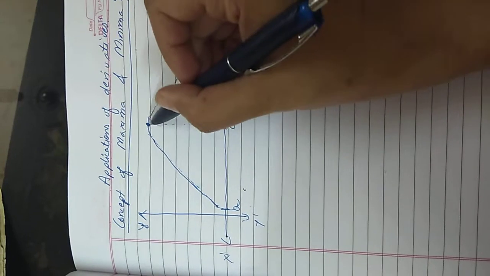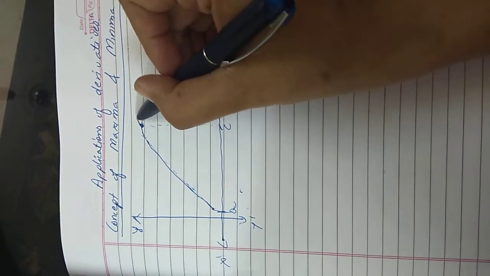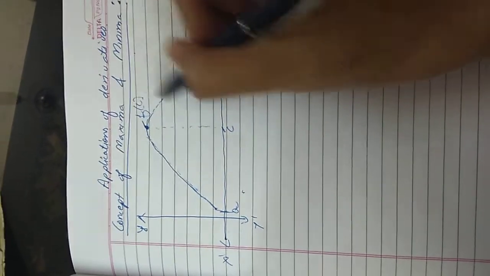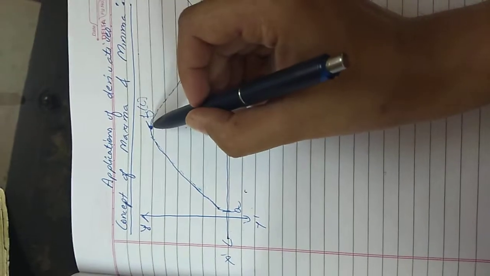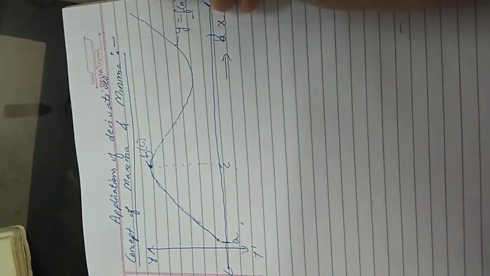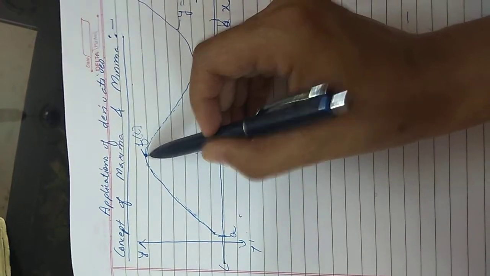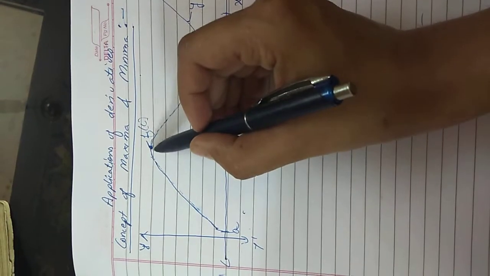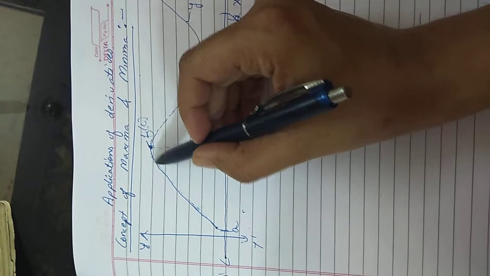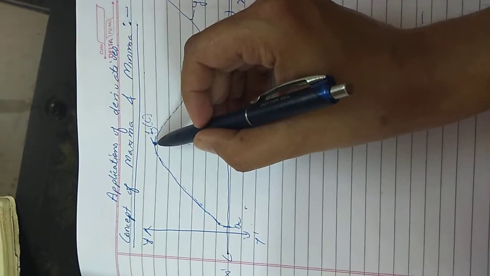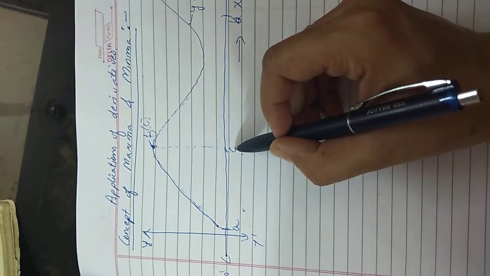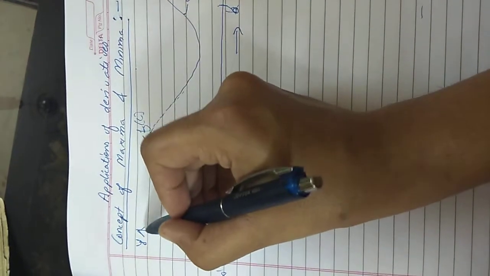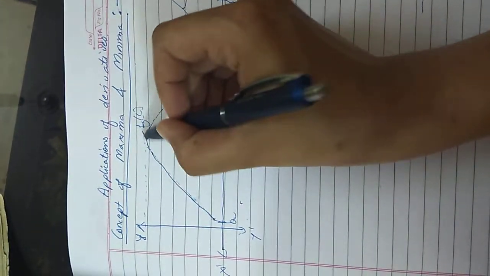The peak has come at this particular point. So if this curve is representing f(x), this point will represent f(c). So here we are getting the peak, right? That means the highest value here, corresponding to this value of x, that is c, we are getting this value of y, that is the output.